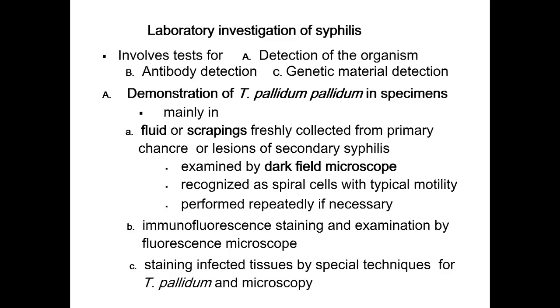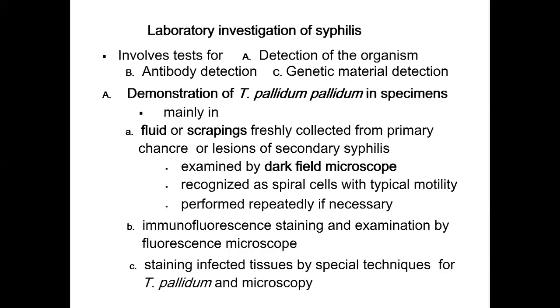That is demonstration of Treponema pallidum in specimen. It can only be achieved in fluid or scrapings freshly collected from primary chancre or lesions of secondary syphilis. So it is in primary syphilis and secondary syphilis that one can demonstrate Treponema pallidum, subspecies pallidum, in specimens, if possible.